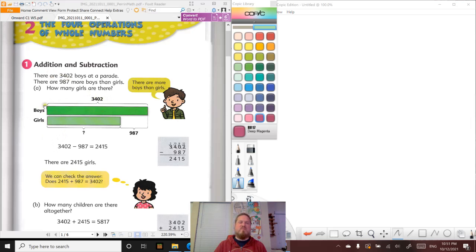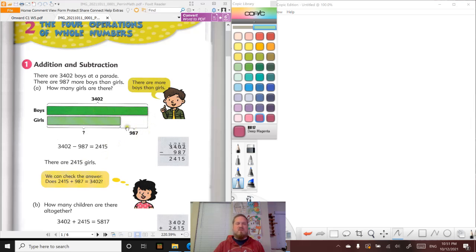It gave us that in the problem. You also know that there's girls, but we don't know how many there are. But we do know the difference between the number of boys and the number of girls. We know the difference is 987, and we know that the girls is less because there's more boys. More boys, less girls, and the difference is 987.